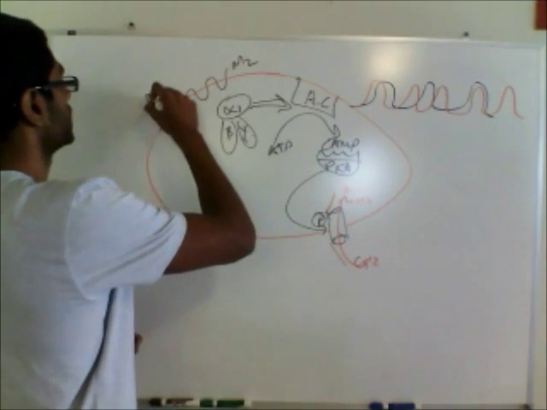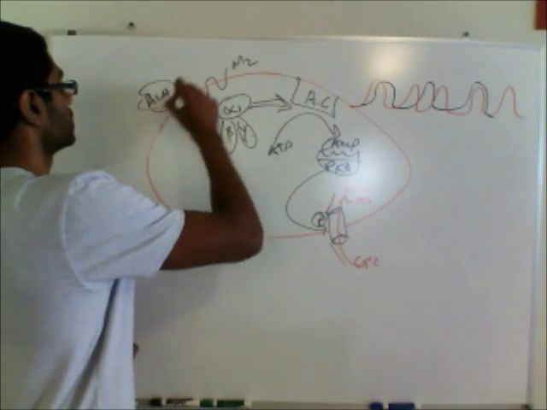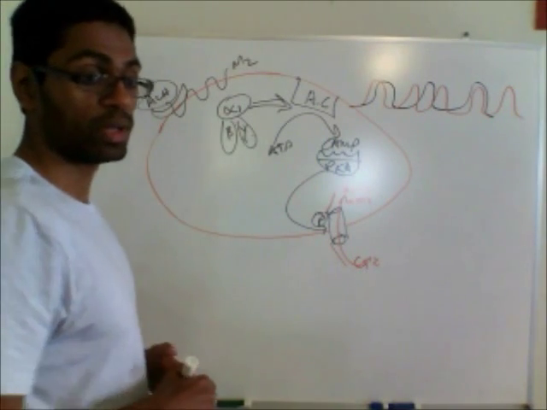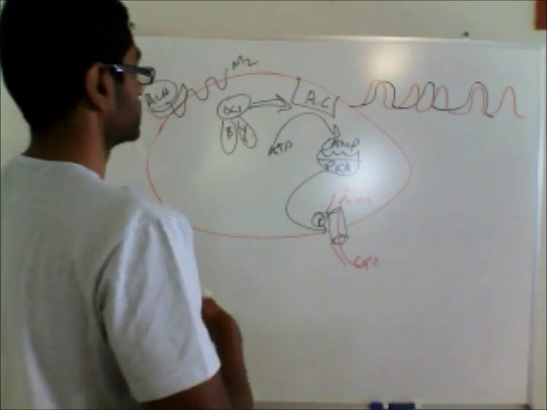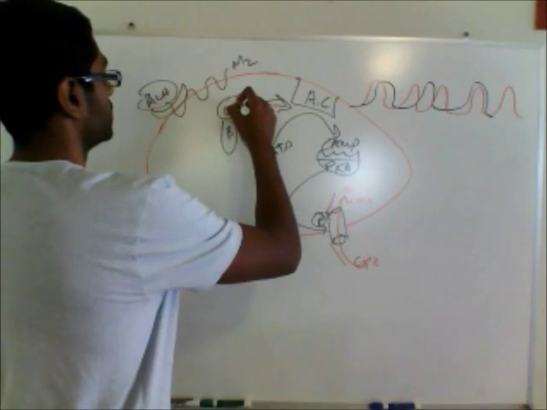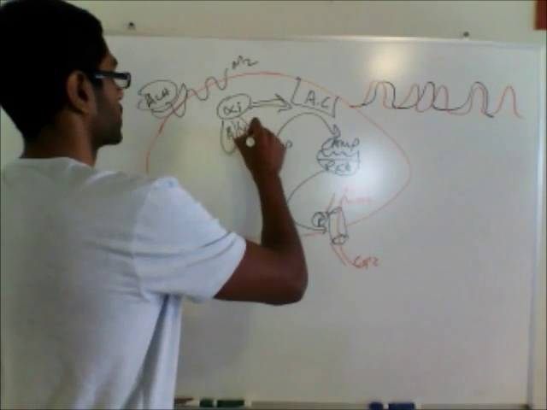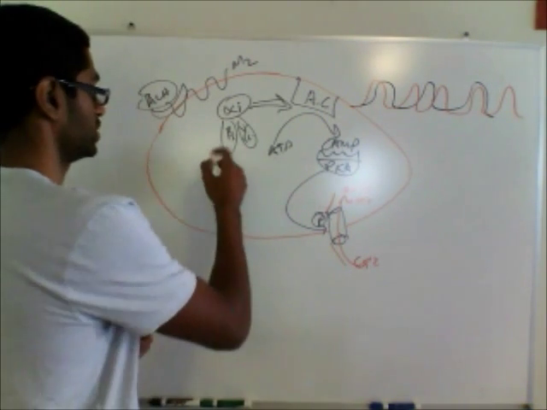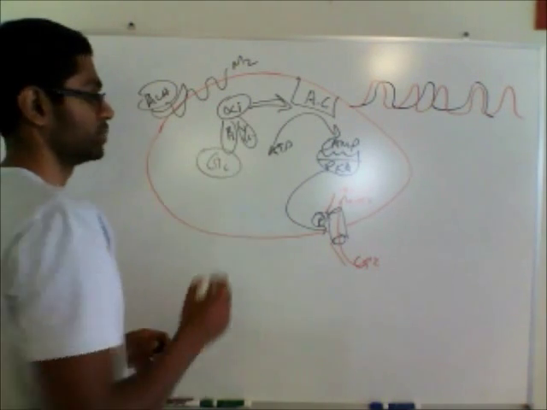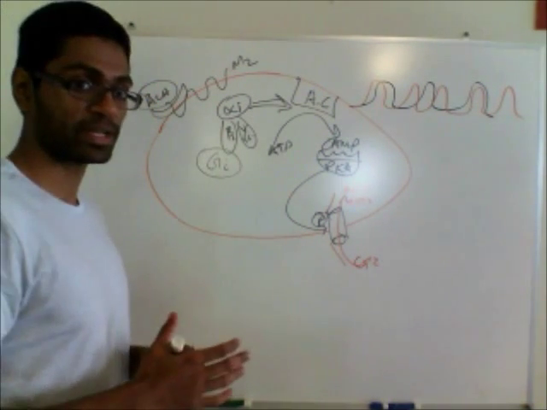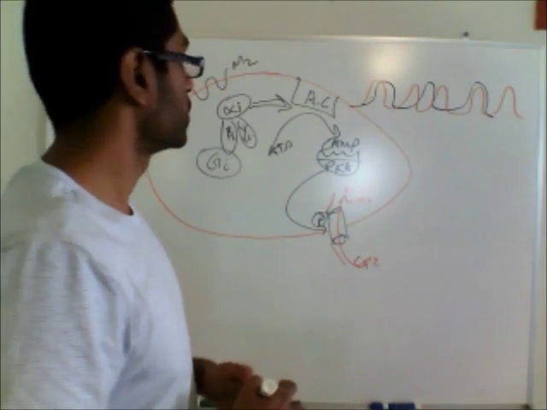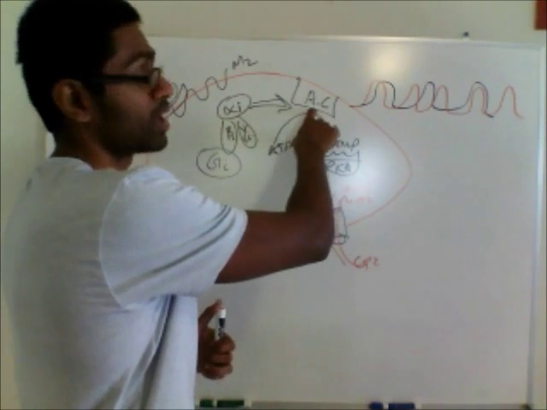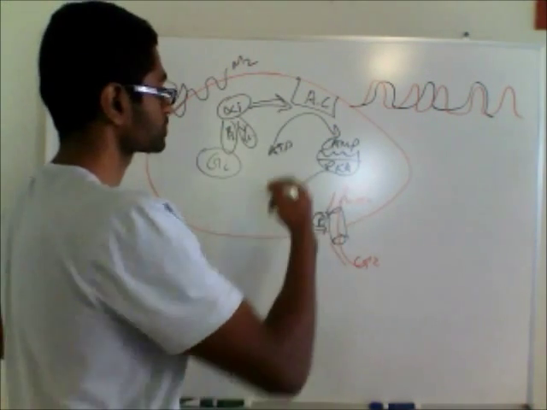ACh binds to it, and instead of this being alpha 1, it is actually alpha inhibitory, along with the beta-gammas. This is called a G inhibitory protein. Earlier we mentioned sympathetic, that was a G activating protein. Now what this does is this alpha goes ahead and blocks adenylyl cyclase.